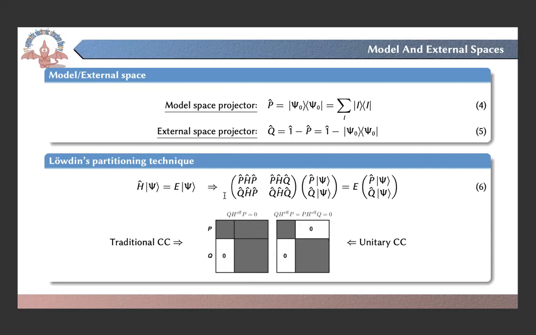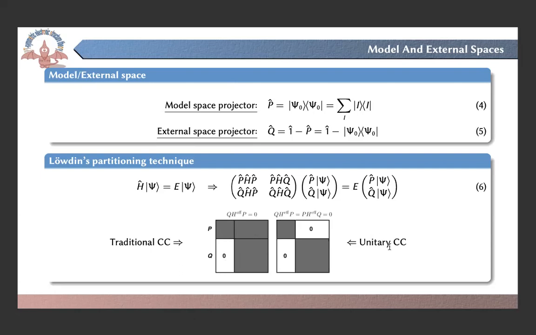For example, in traditional coupled cluster, what you do thanks to this exponential of T is to put that block to 0. You rotate everything to put that block to 0, and you end up with the effective coupled cluster Hamiltonian, which is non-Hermitian because it's not symmetric anymore, or Hermitian.